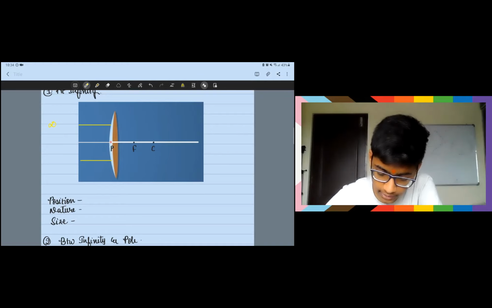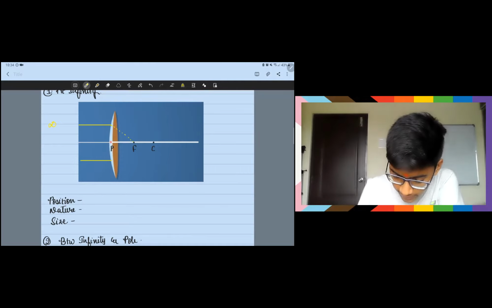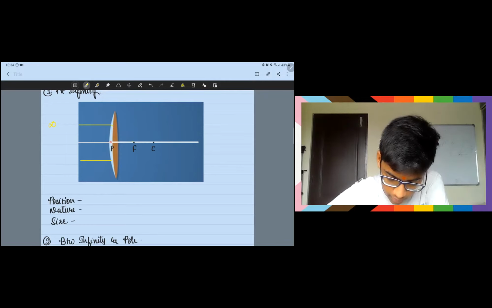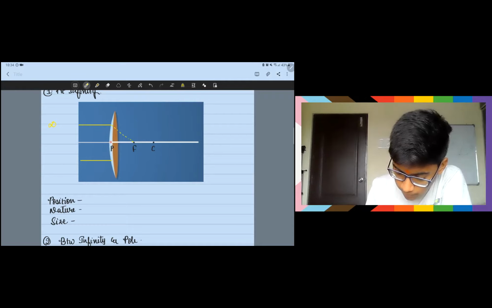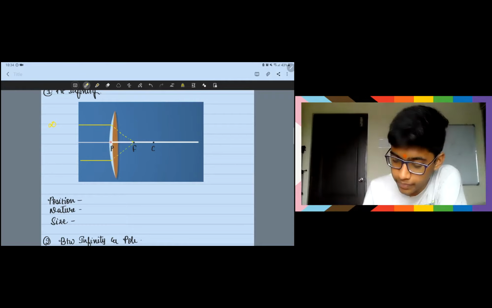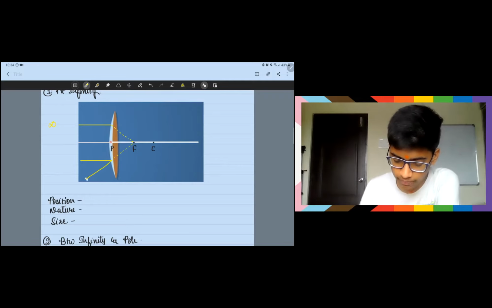Now let me tell you a trick here. First you draw a dotted line to the focus, nicely and neatly with a scale, and here also with a scale you draw a dotted line to the focus, and then you extend this line like a ray.